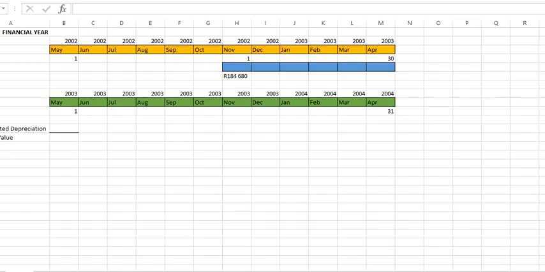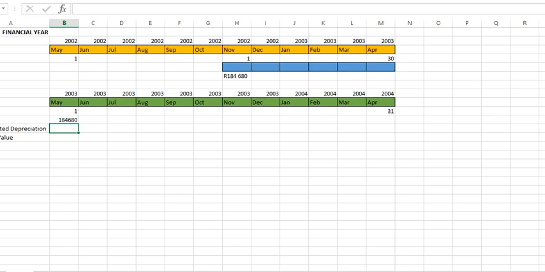Okay, so if we have a look here, now we start off with the beginning of the 2004 financial year, which starts on the 1st of May 2003. So we want to determine what our carrying value is as per the 1st of May 2003. So carrying value is our cost price of 184,680 minus our total accumulated depreciation from all the previous years.